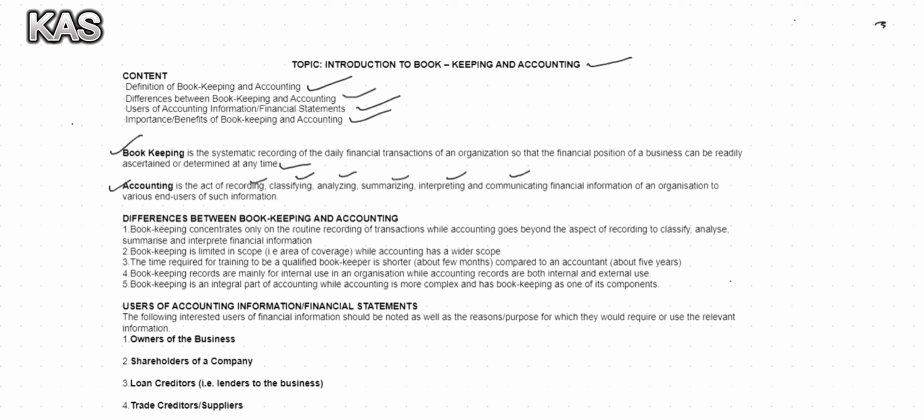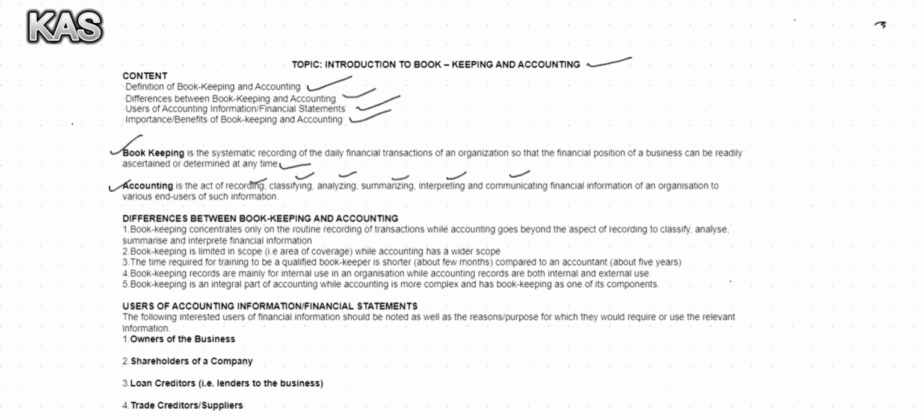In a situation whereby you are into business, you have your daily recording. That's your daily recording, which we define as bookkeeping.